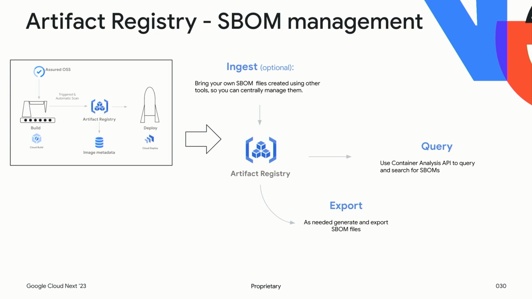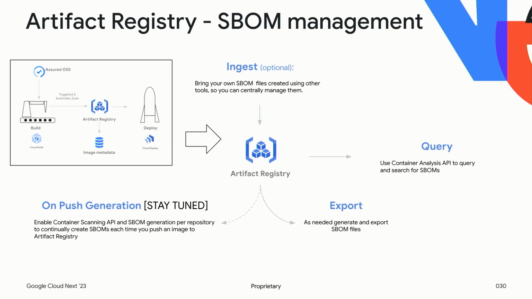Third, if you want to make this a central home for SBOMs, you can ingest SBOMs, and they will be cataloged and processed the same way. And staying tuned, we also are going to be implementing push generation. So you can load artifacts, and as soon as an artifact is loaded into Artifact Registry, it will generate SBOMs in SPDX format as well.